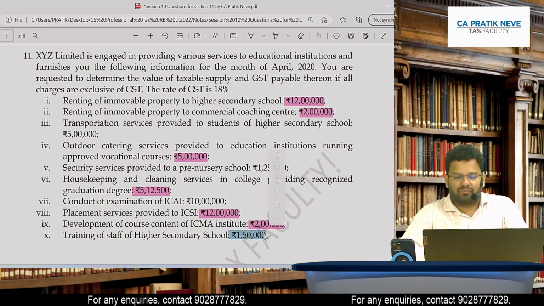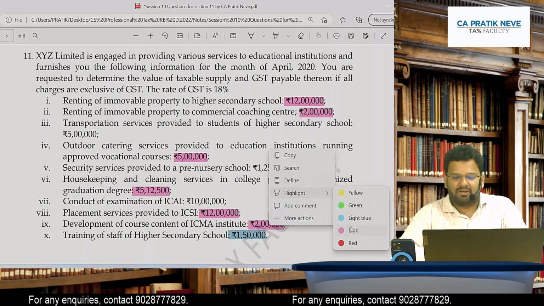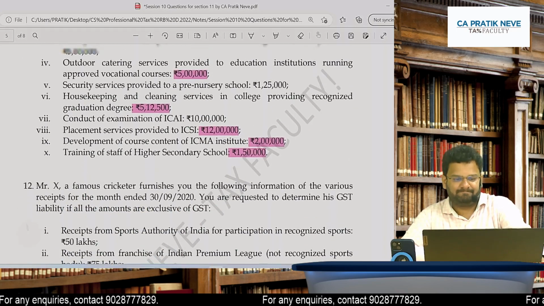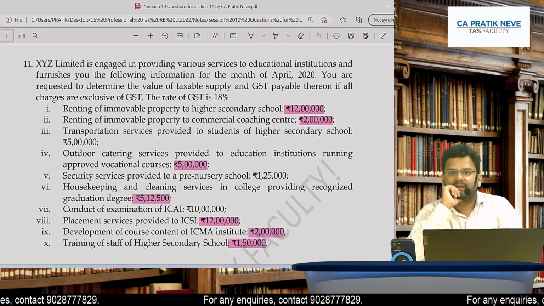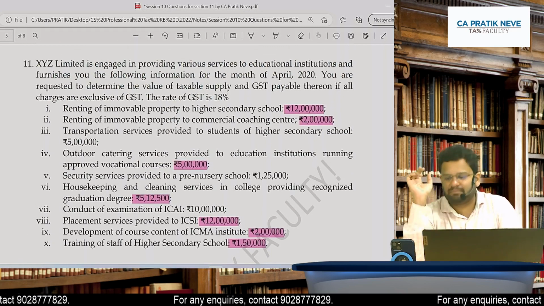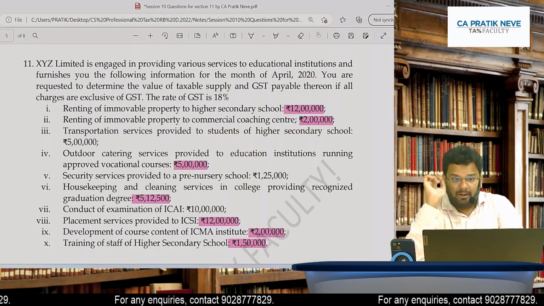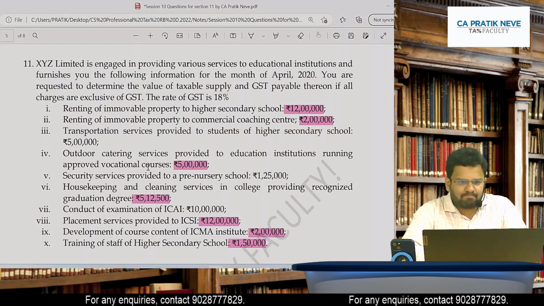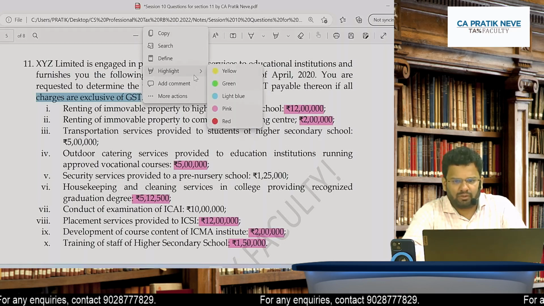Take total of all taxable figures and please tell me what is the value of taxable supply. Understood? Each and every service, that's important. Total you will take. The charges were exclusive of GST, so just total you have to take.